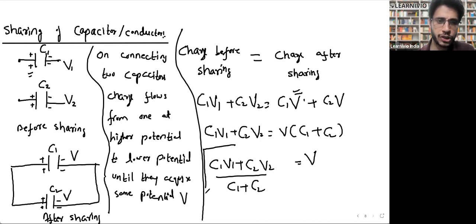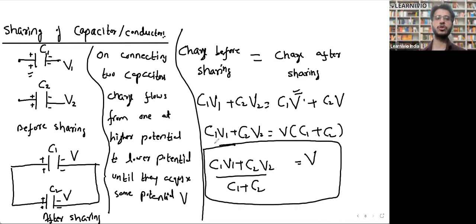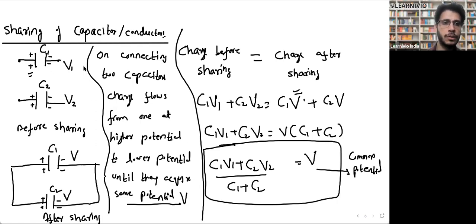So the common potential V is (C1V1 + C2V2) divided by (C1 + C2). When we share two capacitors, charge flows until they acquire the same potential, and this is the common potential. Just note it down. Then we'll calculate the loss in energy.